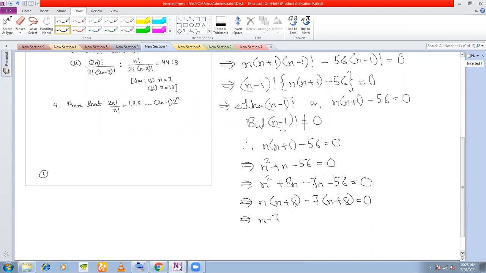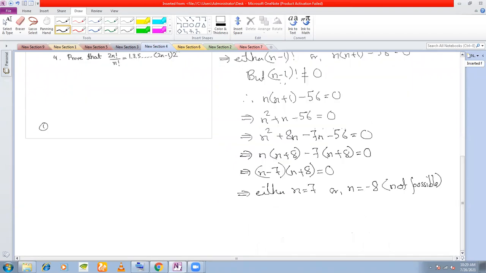That means n minus 7 into n plus 8 is equal to 0. That means either n is equal to 7 or n is equal to minus 8, which is not possible because we are only dealing with factorial of positive numbers. Hence, your value of n is 7. Is this clear? So I'll stop here.